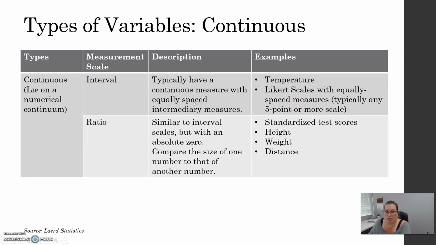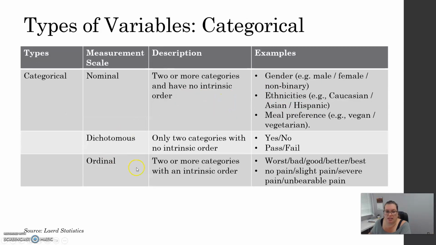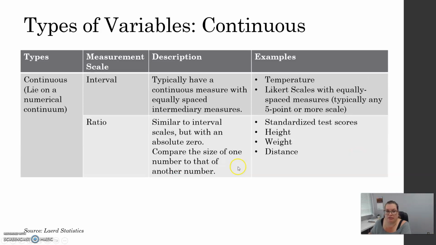In the GCU template, they talk about Likert scales as being ordinal, so categorical ordinal scales where they have 2 or more categories with an intrinsic order. And then you'll see some define Likert scales as continuous interval. You should discuss this with your chair on how to approach it.